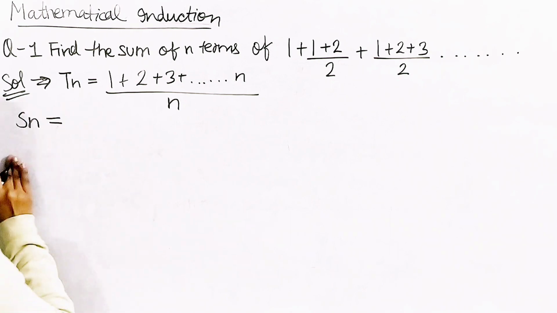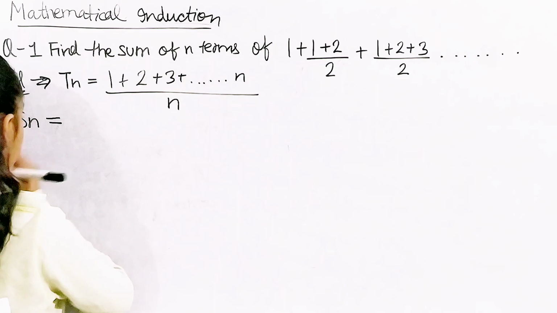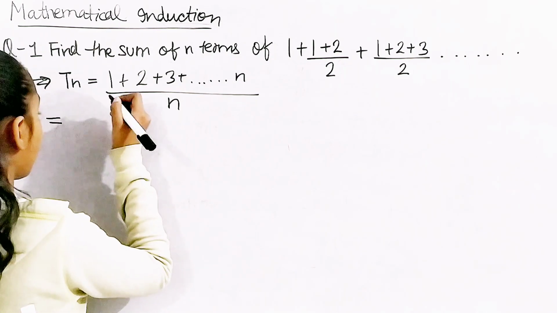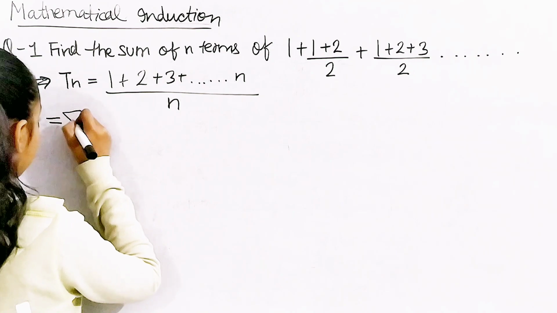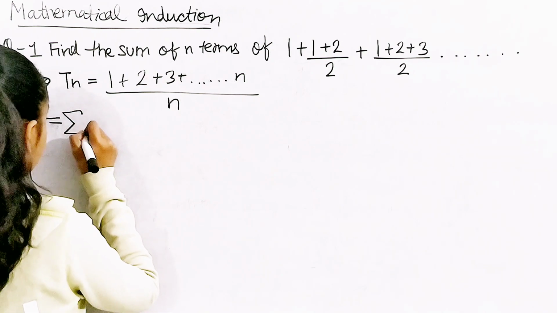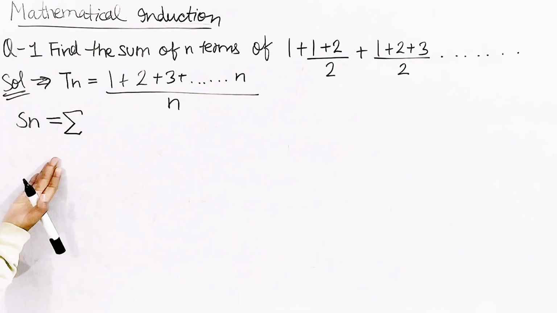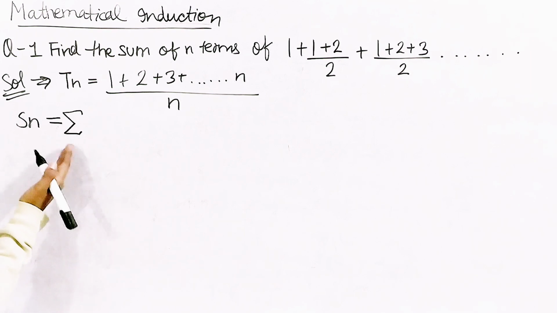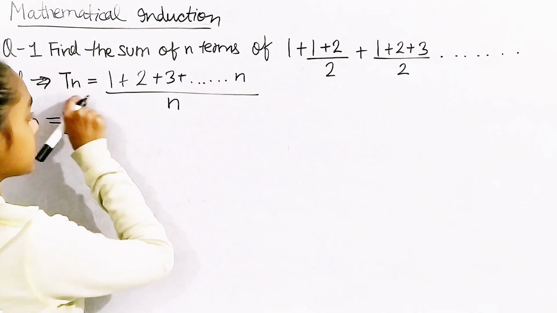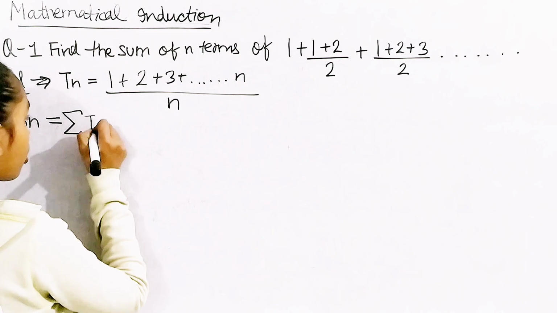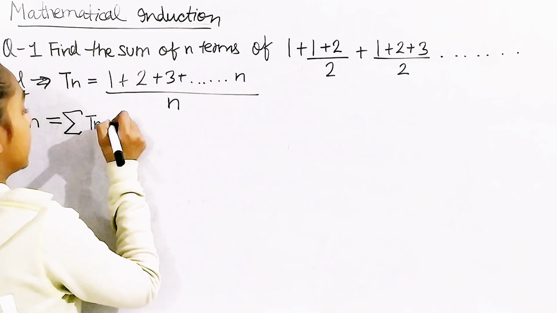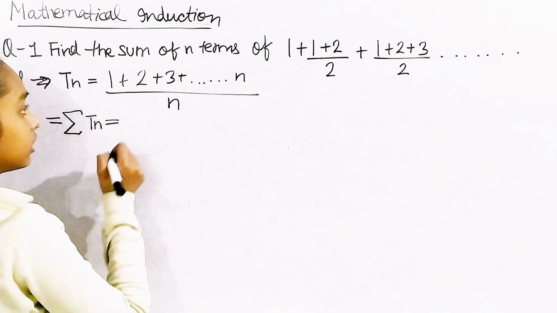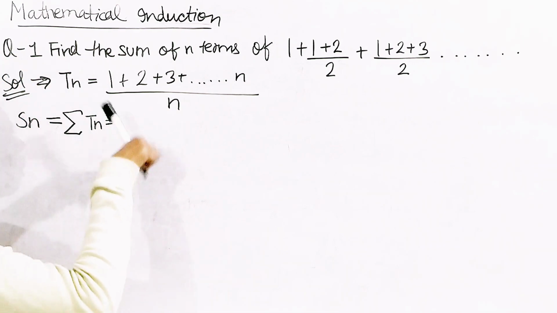For using sigma, first I'll make this symbol, which I'll say is sigma, got it? And then the same thing, this term n, Tn. Okay, so it is equal to what? The terms that we're having.